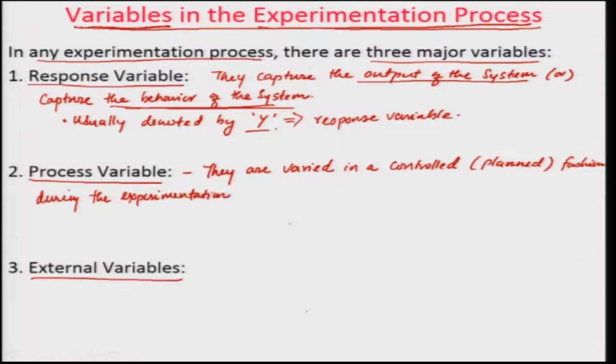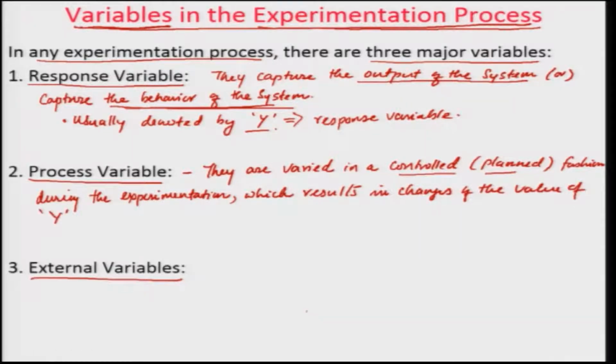So, we vary these factors or variables in a controlled or planned fashion during the experimentation, which results in changes of the value of y. When we vary these process variables in a planned fashion during the experimentation, it will result in changing the values of the response variable y.